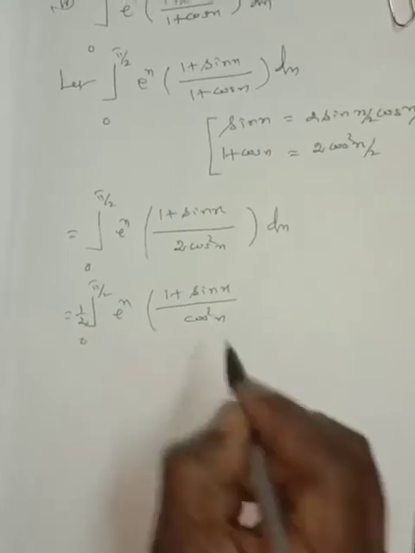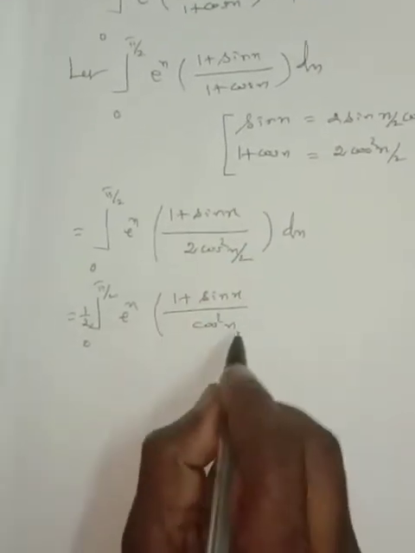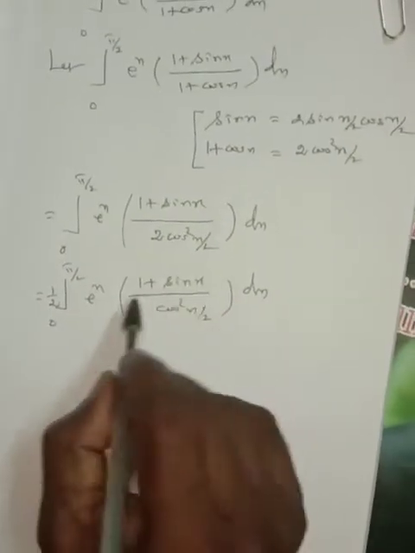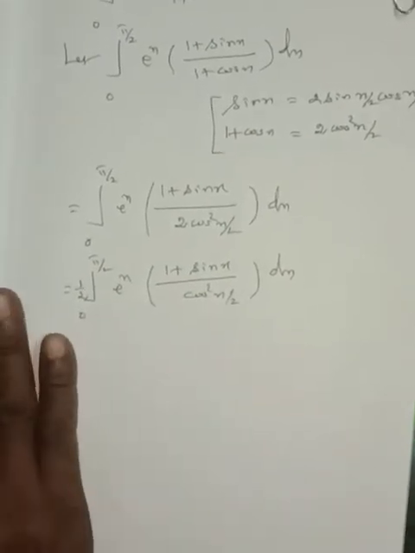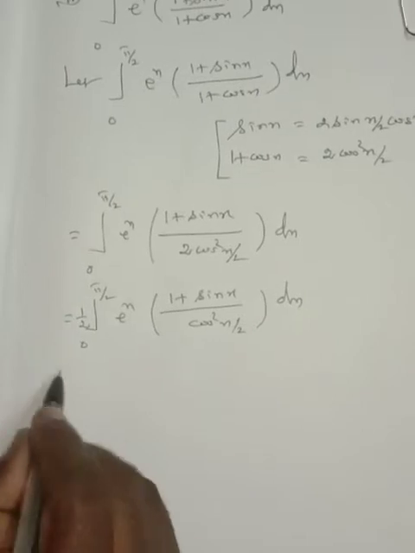Numerator has 2 terms, denominator a single term, therefore 2 terms divided by a single term gives 2 terms.